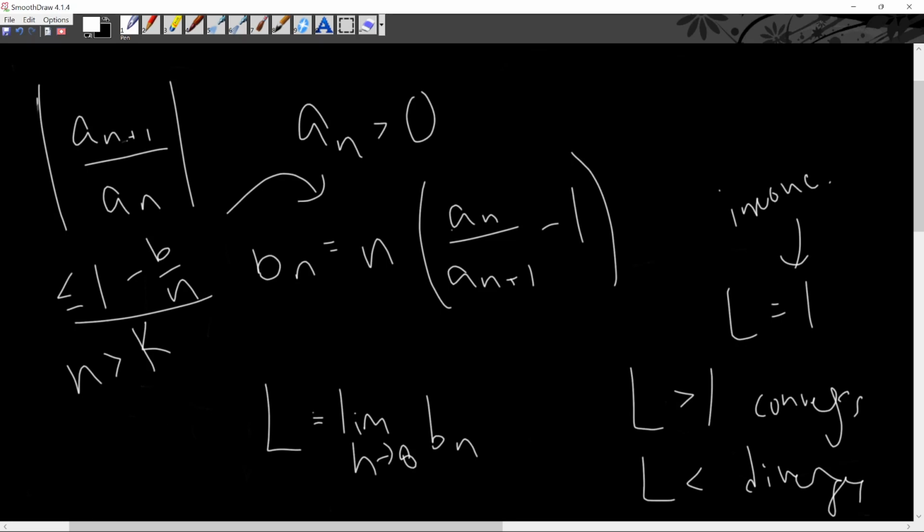And for all n's that are natural numbers greater than k, and if b is greater than 1, then this is just another application of the ratio test. You have a sub n plus 1 less than a sub n, because it's less than 1 minus a fraction, which is, of course, going to be less than 1. So a sub n will be convergent, because it satisfies the ratio test.